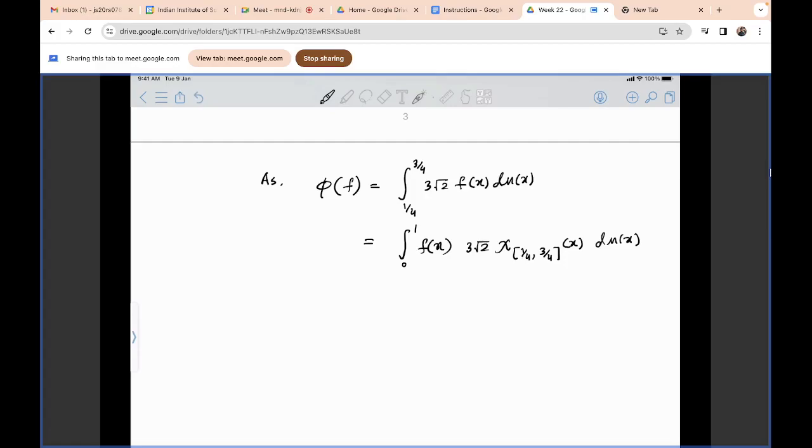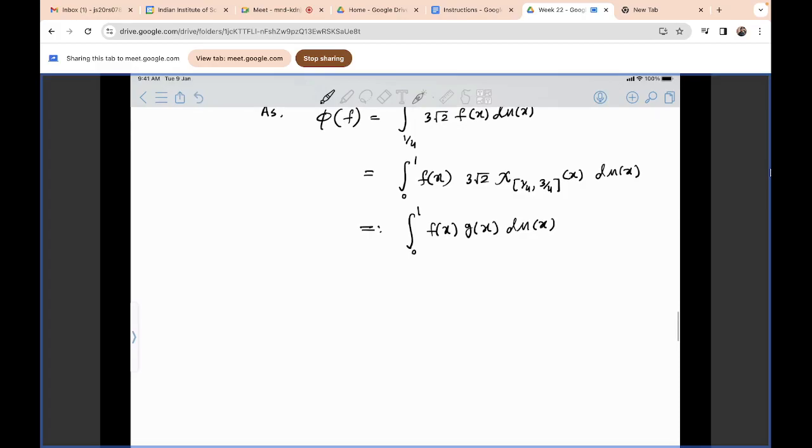Let me call it g. So it is the integral from 0 to 1 of f(x) g(x) d mu x, where g(x) is 3 root 2 times the characteristic function of 1/4 to 3/4. The characteristic function means it's 1 in the interval 1/4 to 3/4 and 0 outside.